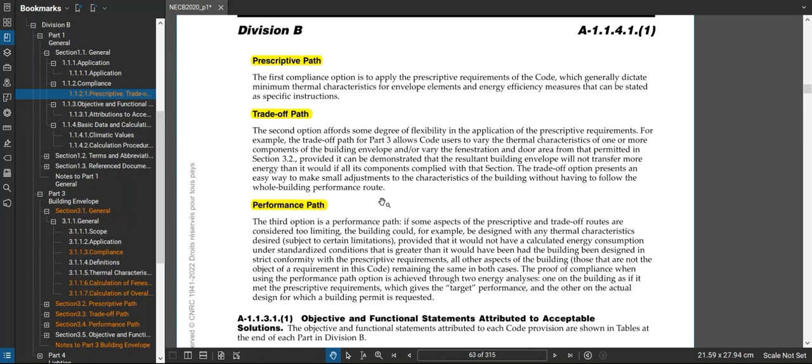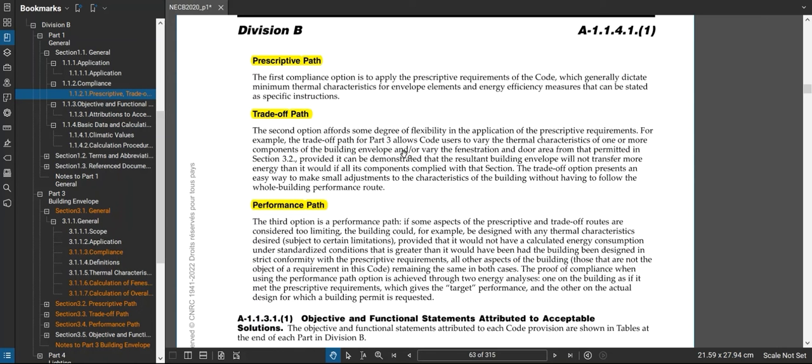So meaning, I guess what it is kind of, there's a much broader trade-off, I suppose, that could happen, or just more flexibility to weave around some of the hard prescriptive elements maybe that we might find in the prescriptive path.